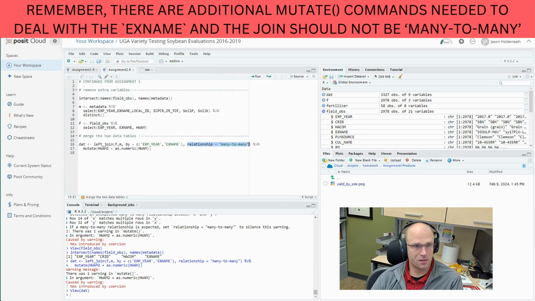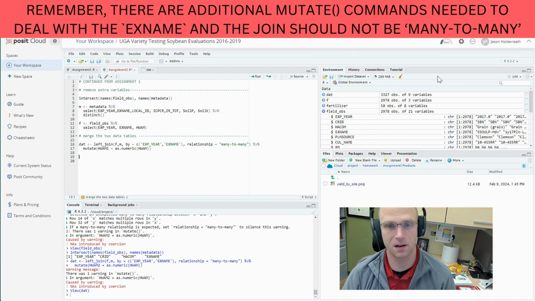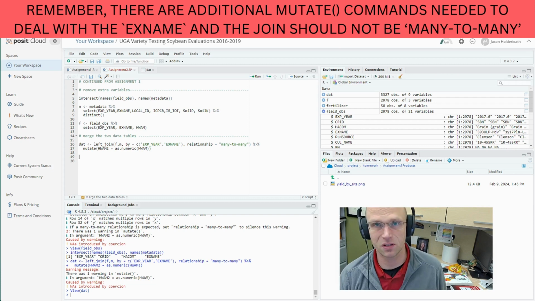And then what do we want to do? What we're going to do now is find our mean and standard deviation.